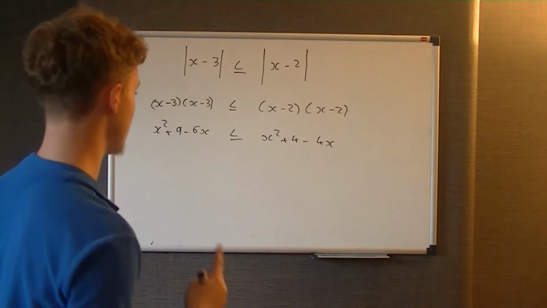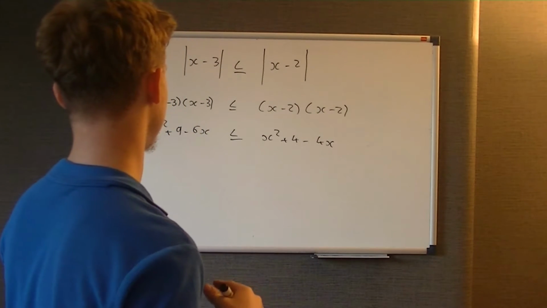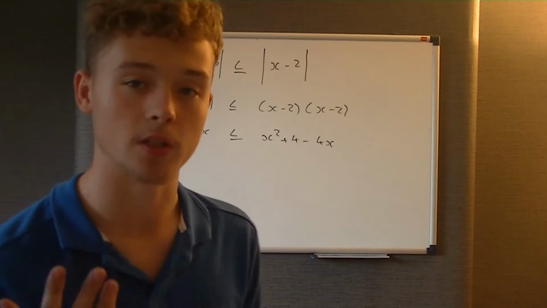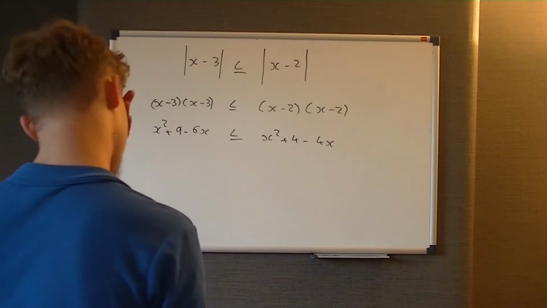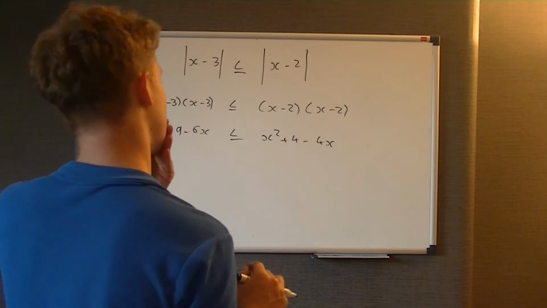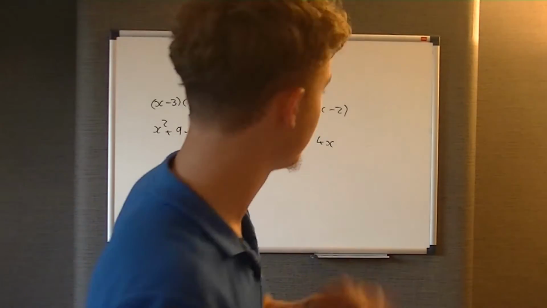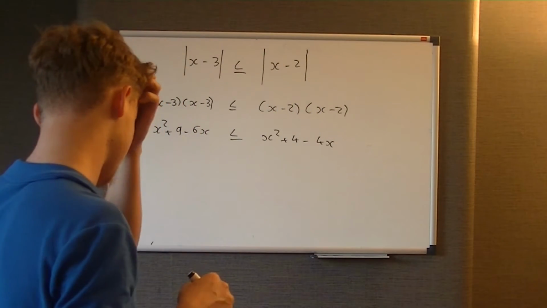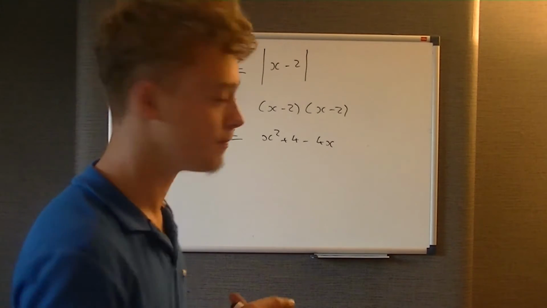I was hoping rather that it would turn into a quadratic, but the x squareds are going to cancel each other out, which I'll explain how you do with the quadratic in a minute. So that's what we've got from this inequality.